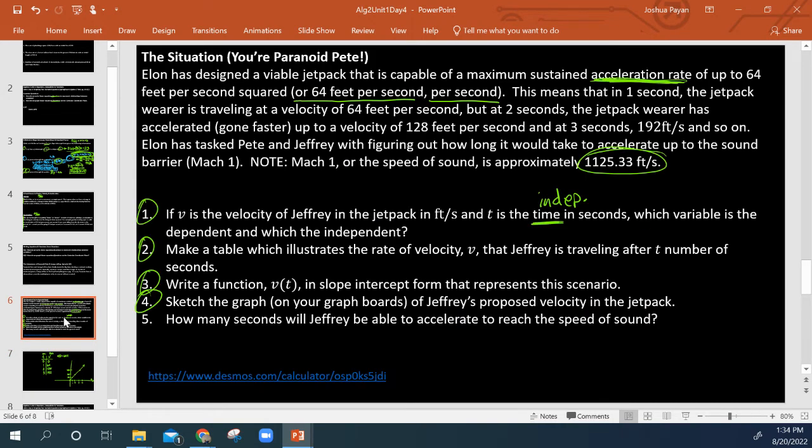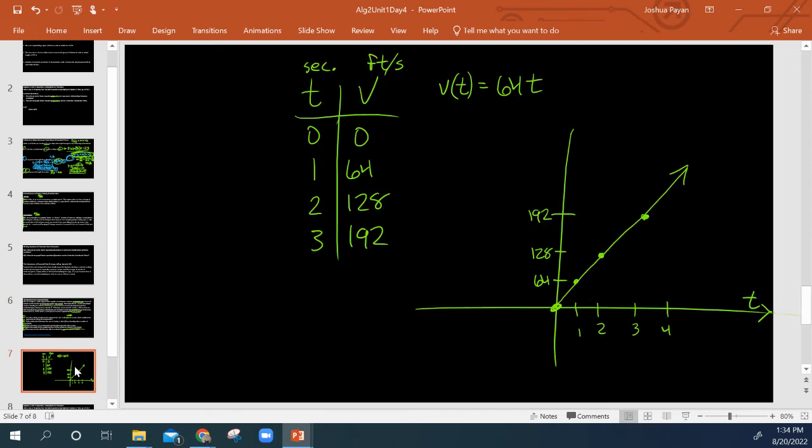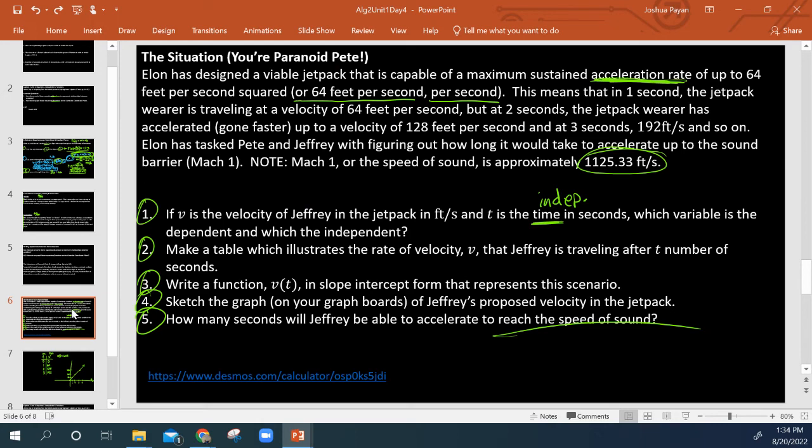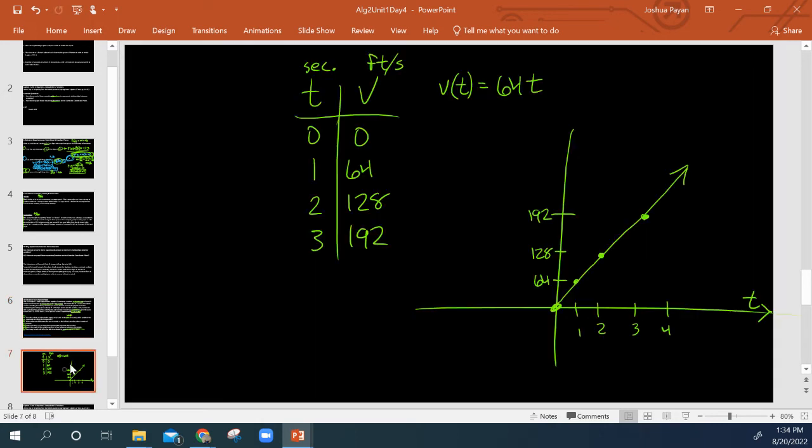So now, how many seconds will Jeffrey have to accelerate in order to reach the speed of sound? All we really need to calculate is, instead of v of t, we need to figure out when his velocity is 1125.33.